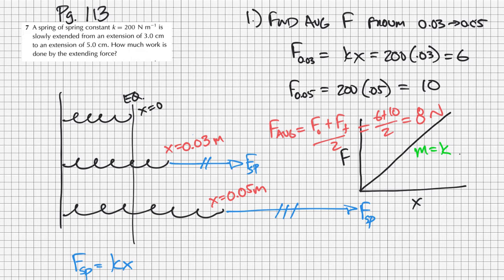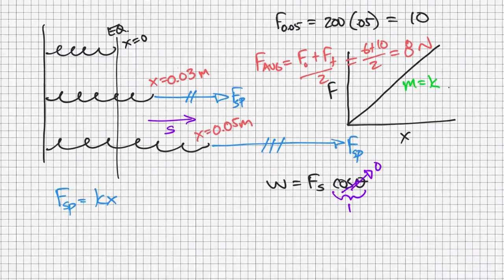Then I can find the work done by doing force times displacement times cosine theta. My displacement in this case would be in this direction. That's my S. So that's a theta of 0, which makes the cosine just 1.